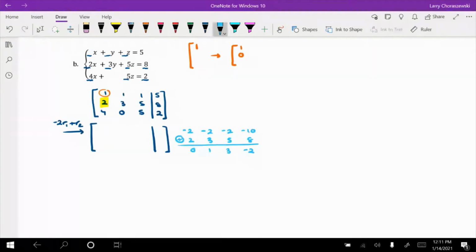You should get 0, 1, 3, and negative 2. Where do these entries go? Do they go in row 1 or do they go in row 2? They go in row 2. Yep. Very good. So 0, 1, 3, and negative 2. That's the only affected row, meaning that our row 1 from the most recent matrix will stay the same, and so will row 3.